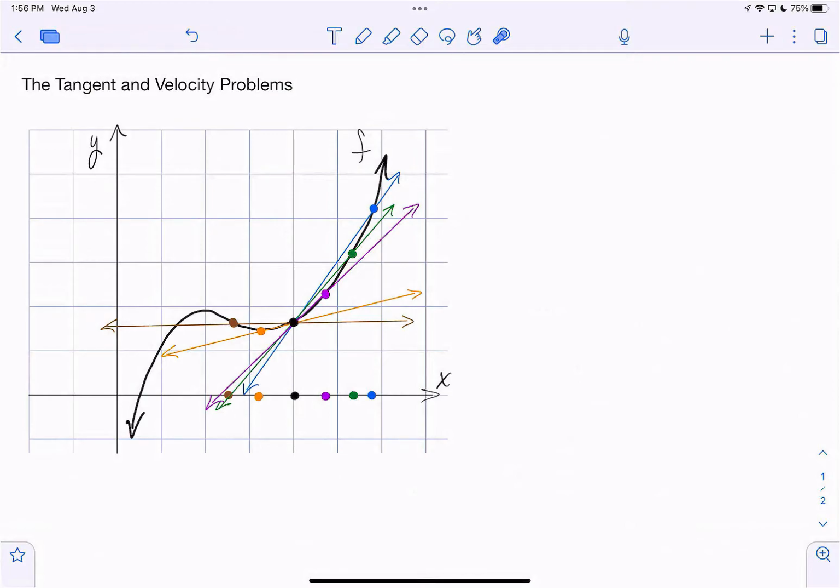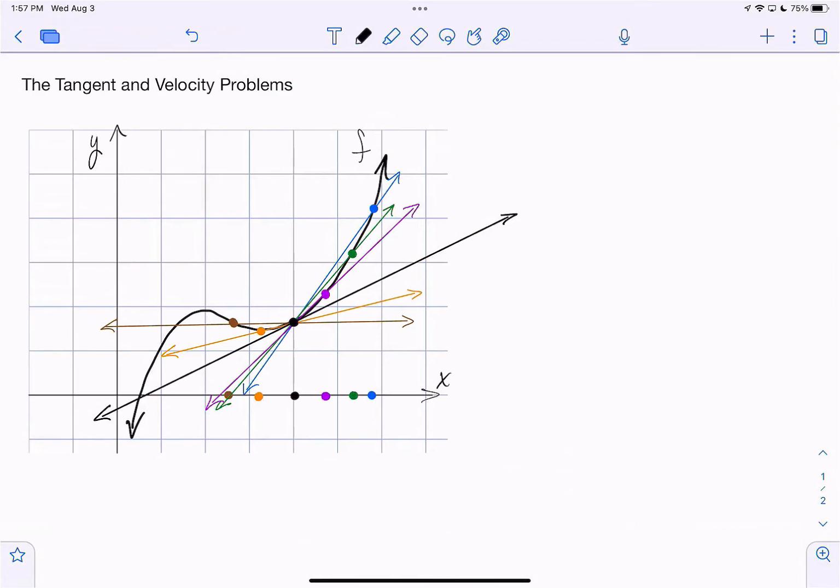And if you imagine these points getting closer and closer to the black point from the right and from the left, then you can imagine that there's a trend here, and there's a line that would sit between, say, the orange and the purple one, that would just touch the graph in only one spot, right? And here it is. It's this black one here.